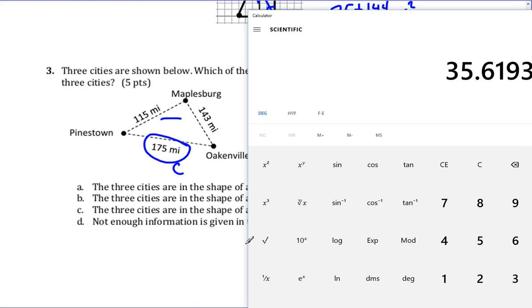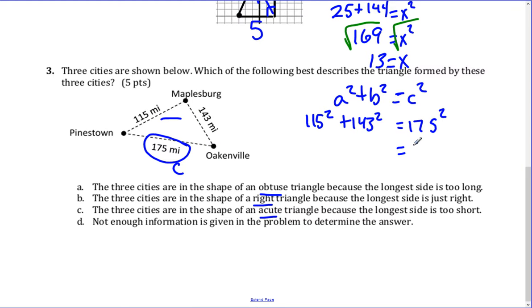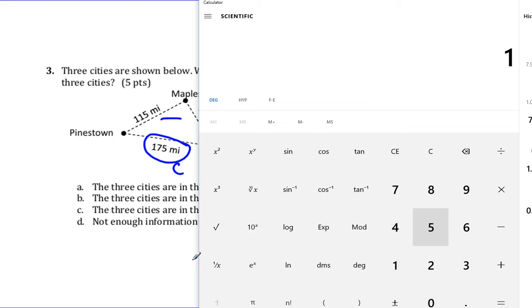Start with 175 squared, which is 3,620. I'm sorry, 30,625. On the other side, 115 squared is 13,225.